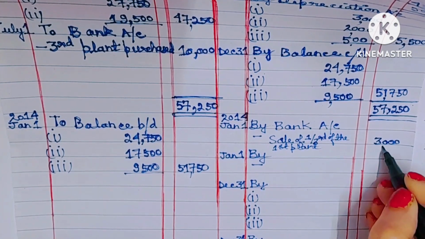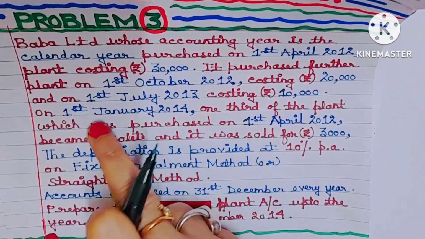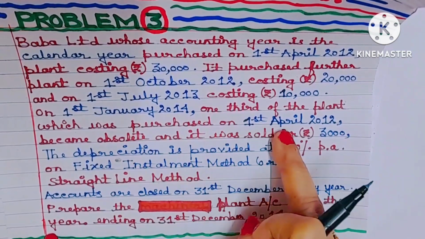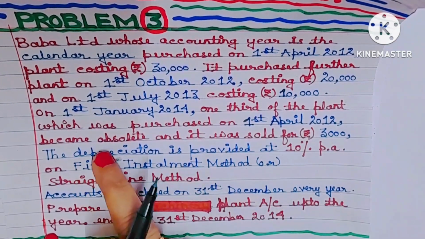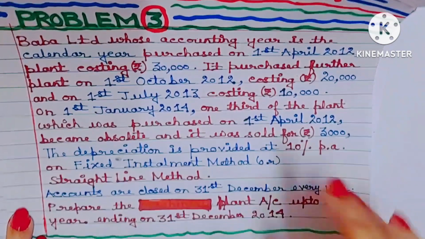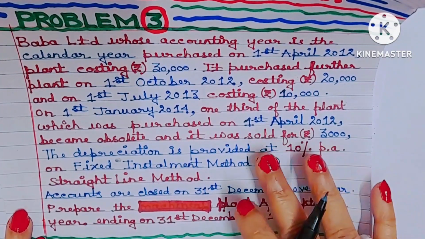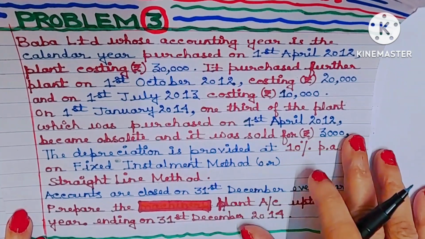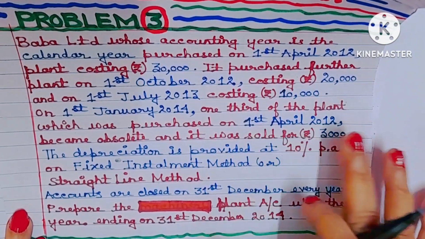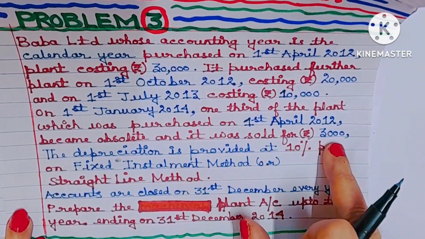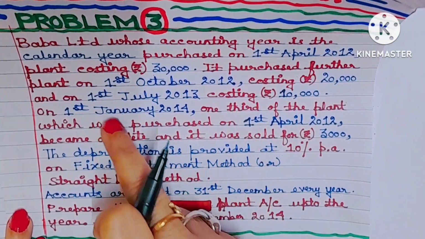Understood? Let me show you. On 1st January 2014, 1/3 of the plant which was purchased on 1st April 2012 became obsolete and it was sold for rupees 3,000. That is what we did. Now we have to see, after the sale, whether there is a loss on sale or a profit on sale for this 1/3 of the plant which was sold for 3,000 on 1st January 2014.